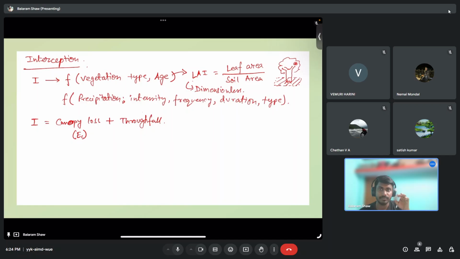So this interception loss from the canopy, we can get this EC as Rg minus Rt minus Rs, where Rg is what? This is the gross precipitation. Okay, so I'll write that. This is the gross precipitation. What is Rt?